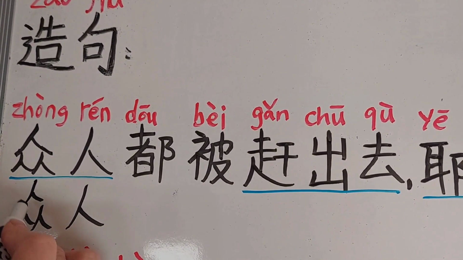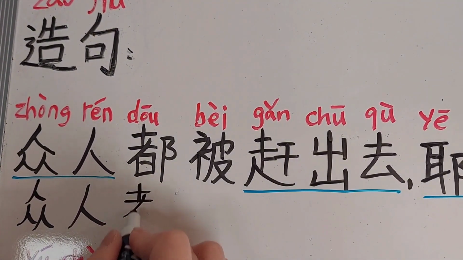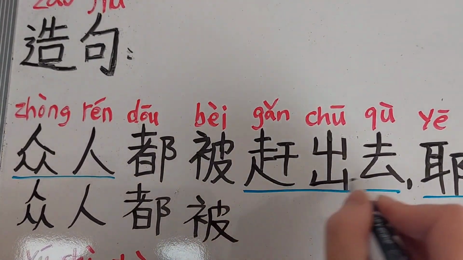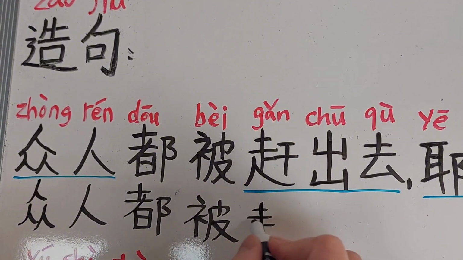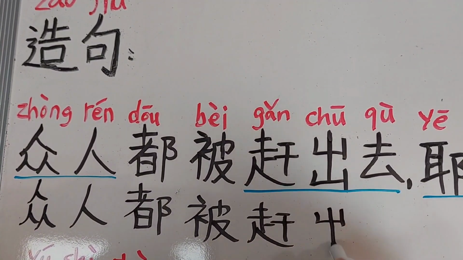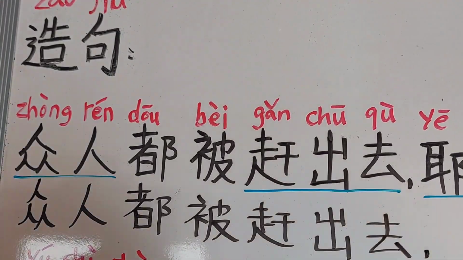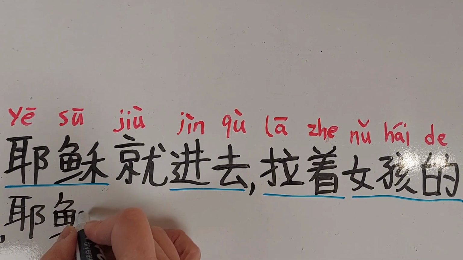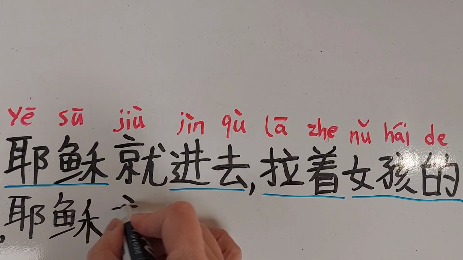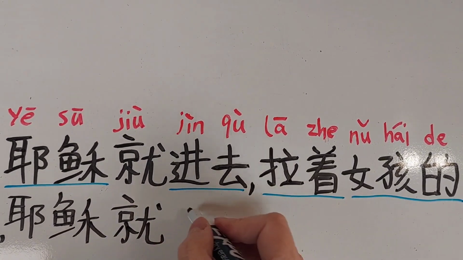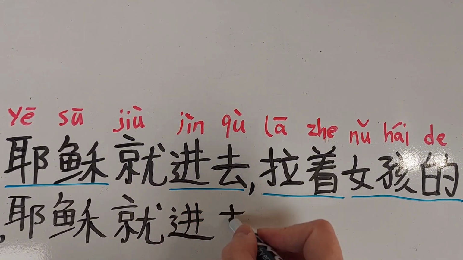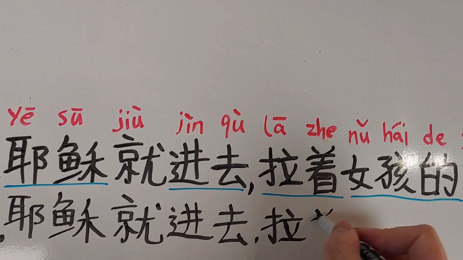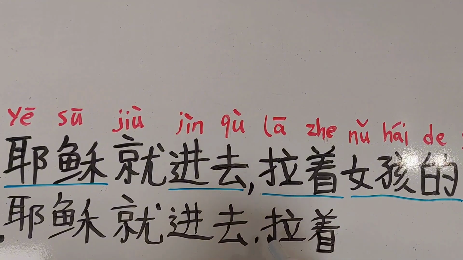So 众人, okay, 众 is like many people. 都被赶出去。耶稣就进去，拉着。I'll give you a little clue about this part.